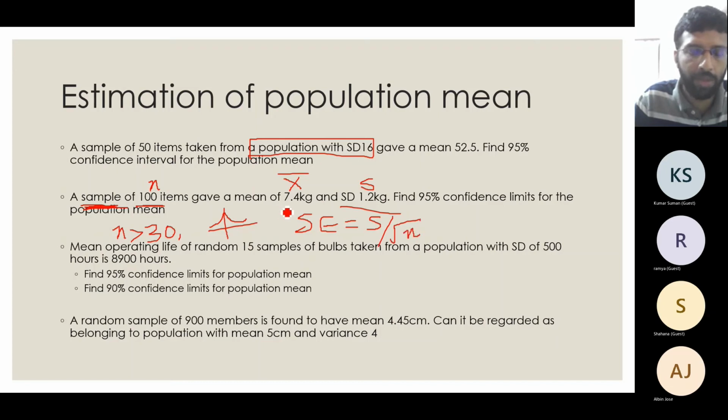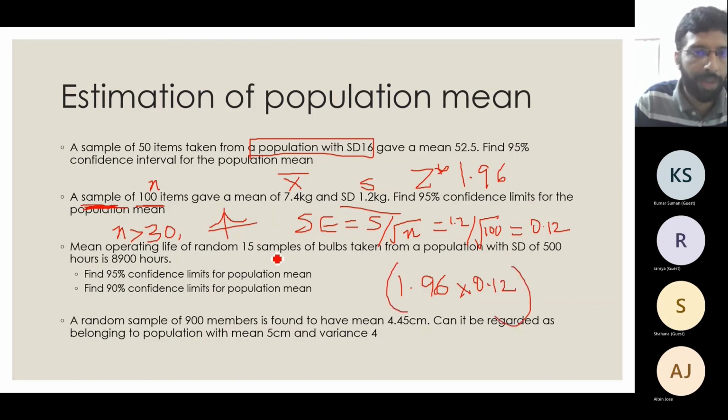So I can directly use S by root n as my standard error. That will be 1.2 by root of 100, that will be 1.2 by 10, right? 0.12. So again 95% confidence interval, so my Z star will be the same as the previous case, 1.96 only, right? So my margin of error will be 1.96 into 0.12.